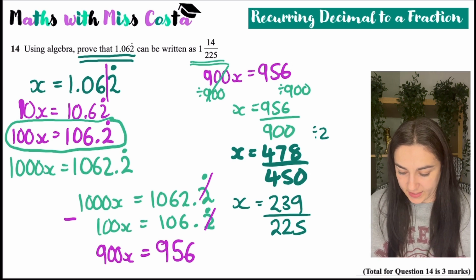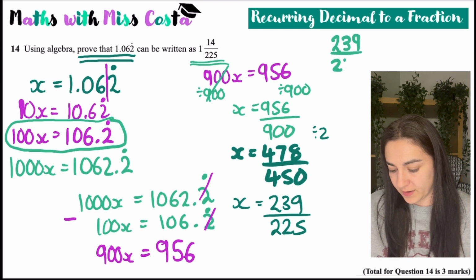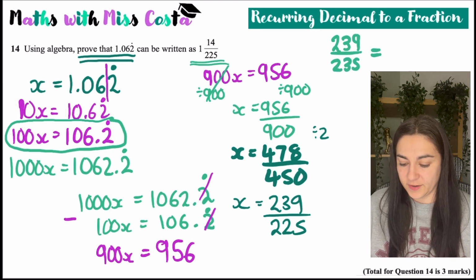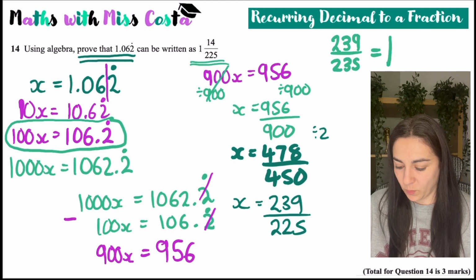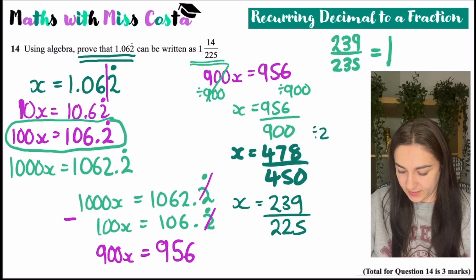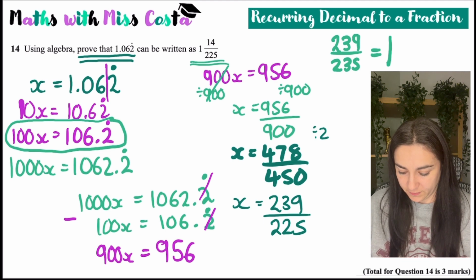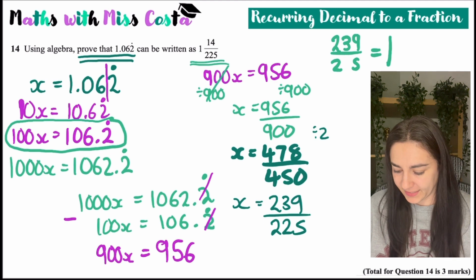So 239 over 225. I know that 225 fits into that once, and 239 take away 225 gives me 14.